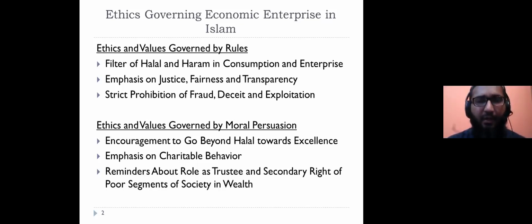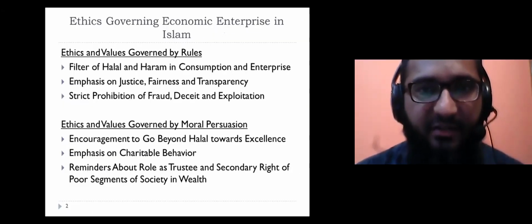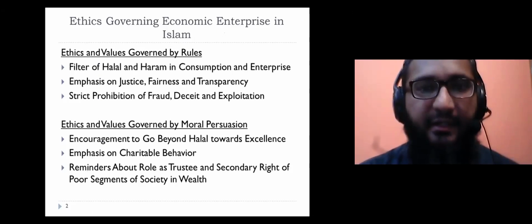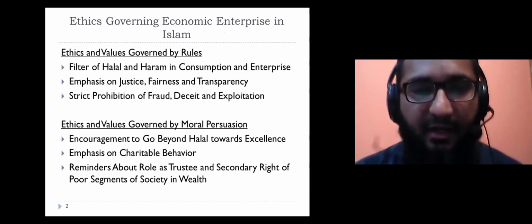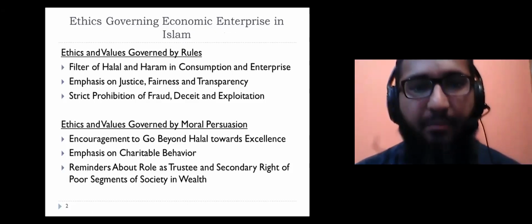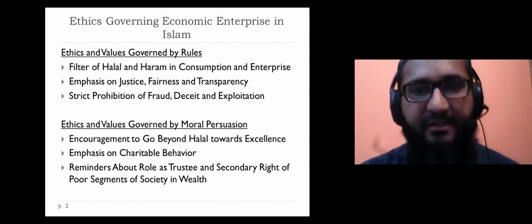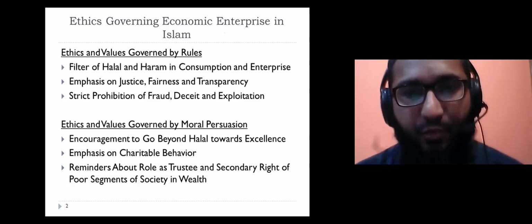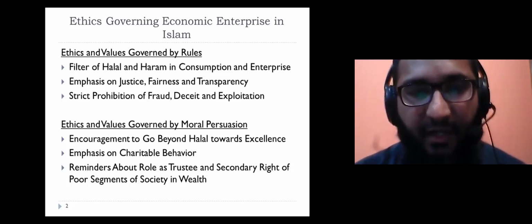After we have discussed certain rules which govern economic exchange in Islamic finance, there are certain other principles which emphasize the conduct of excellence through moral persuasion. So there is encouragement to go beyond halal towards excellence. We know that there are certain transactions which are halal, but there are other ways that we can achieve excellence, the best halal, the ideal halal.